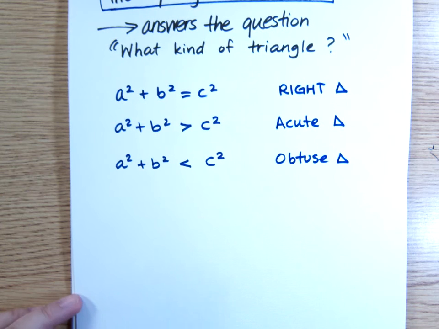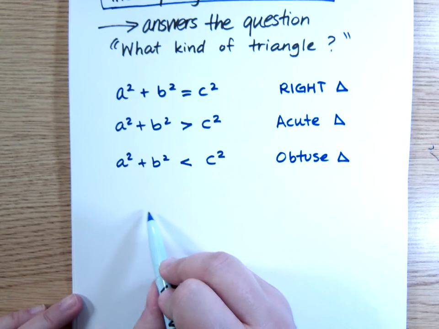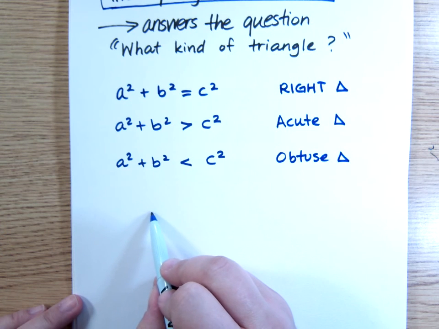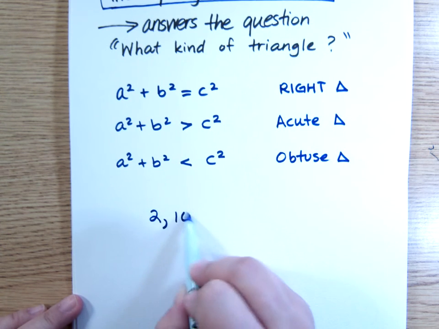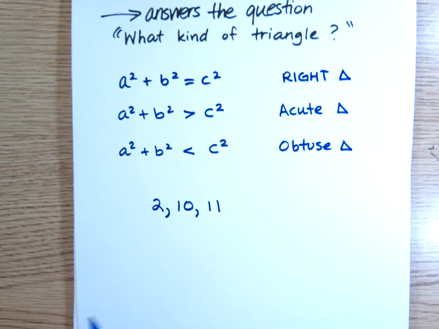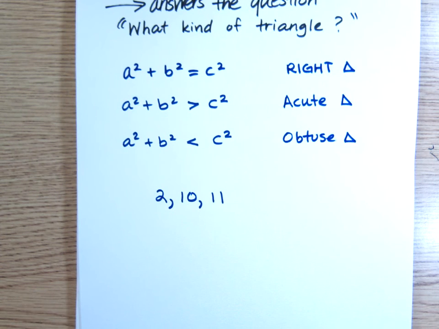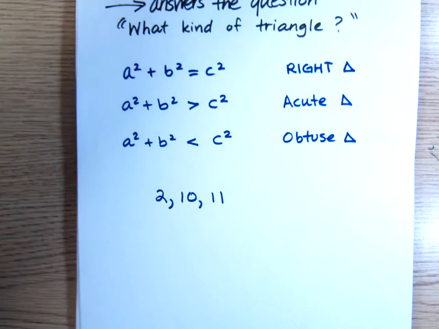Let's say I have 3 sides of a triangle, and those 3 sides are 2, 10, and 11. I'm told that I have these 3 lengths, and I'm asking if it's a right triangle, an acute triangle, or an obtuse triangle. Well, first off, we know that the longest side is the hypotenuse if it's a right triangle.